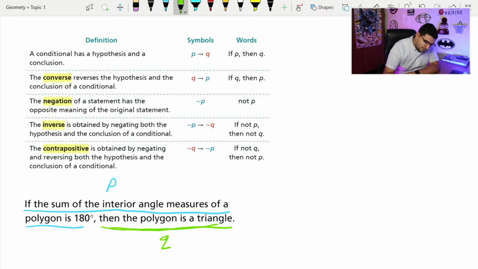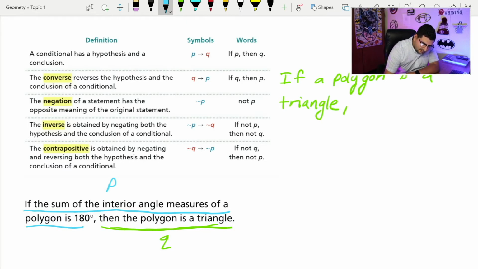So instead I would have, first, if a polygon is a triangle, then I would write my hypothesis.